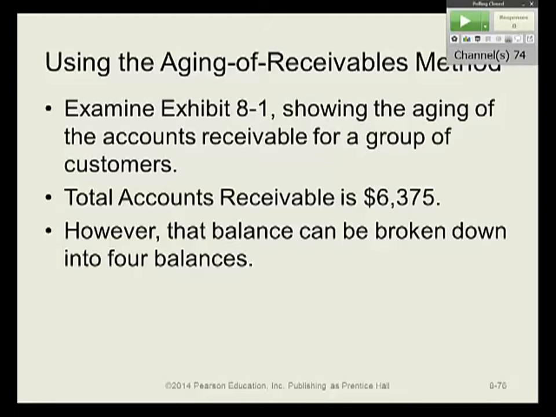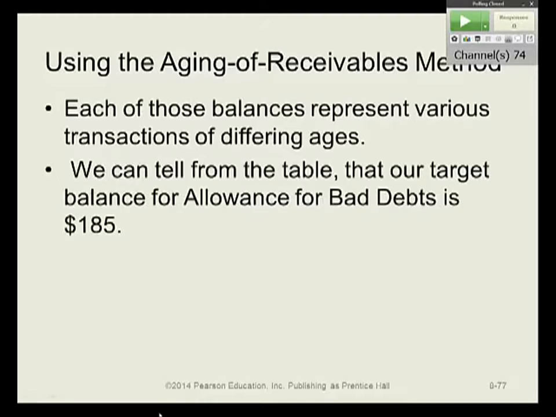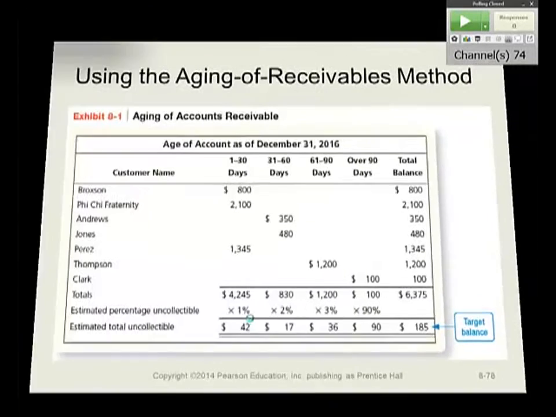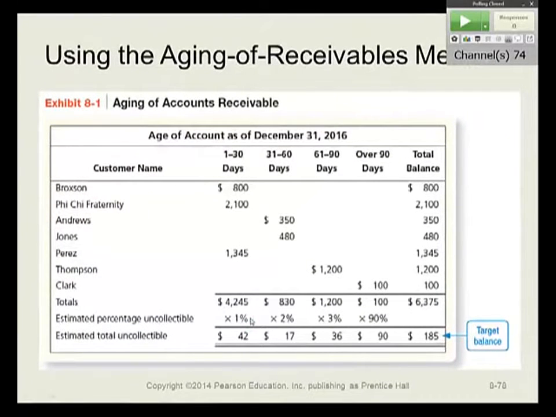So a current account is within 30 days. Once it hits 30 days, it gets classified as 30 days. Then it goes to 60, and so on. So if you look at Exhibit 8.1, where the total receivables are $6,375, those are your total receivables, and they're made up of 6 different accounts, and those accounts are now separated by the number of days that they are past due.